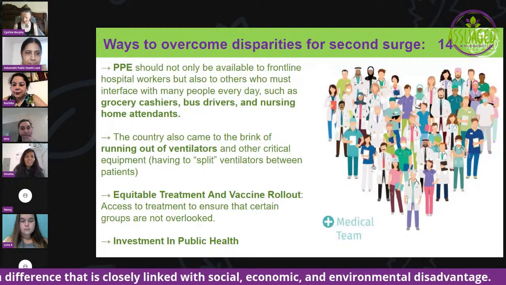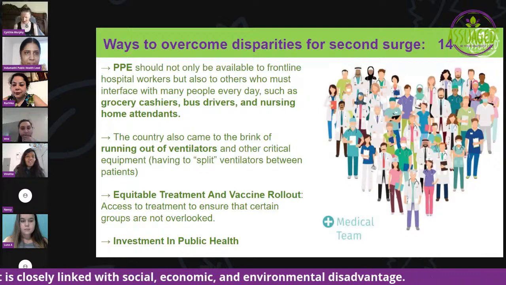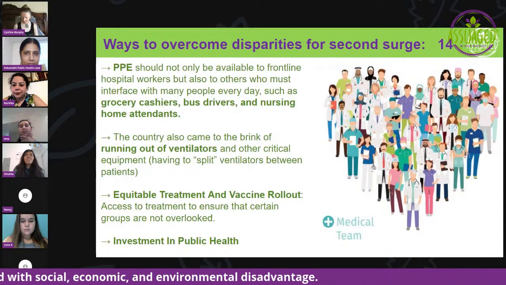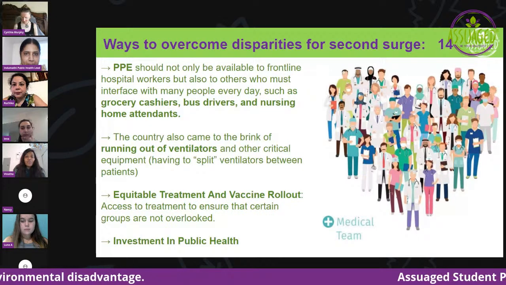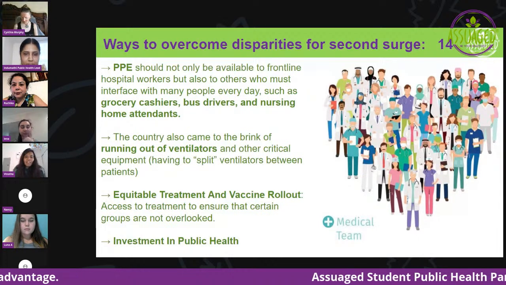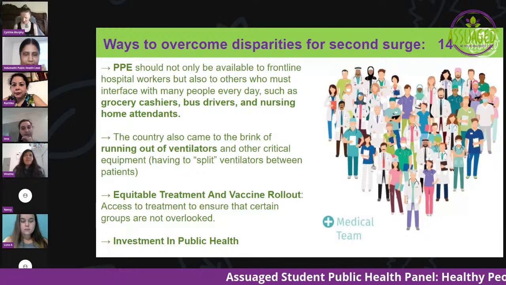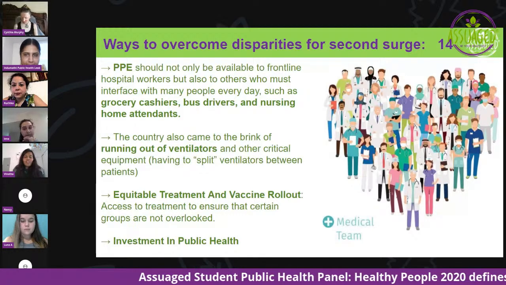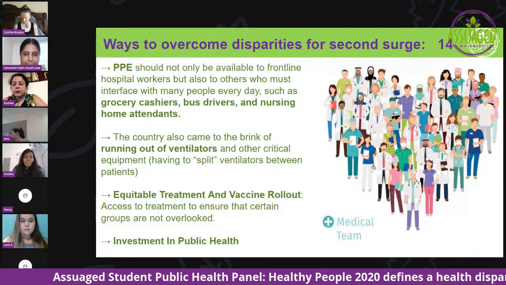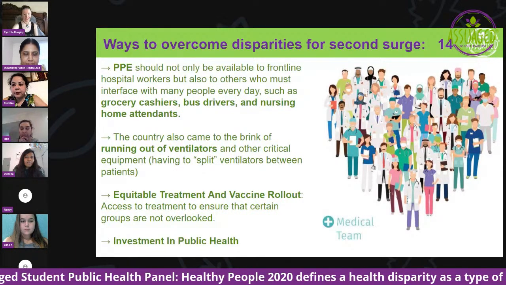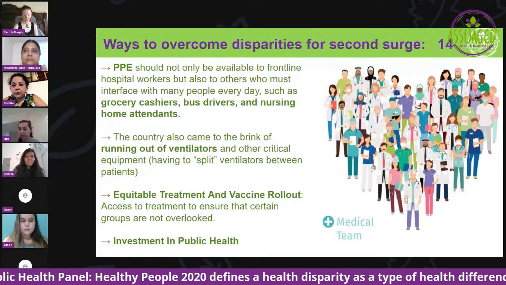I just hope everything equalizes and goes out in a smooth fashion, so that everyone is treated equally and everyone has the opportunity to get the vaccine. So this is definitely possible if we have a little more investment in public health, so that will be really helpful. So that is how we can prepare ourselves for the second surge.